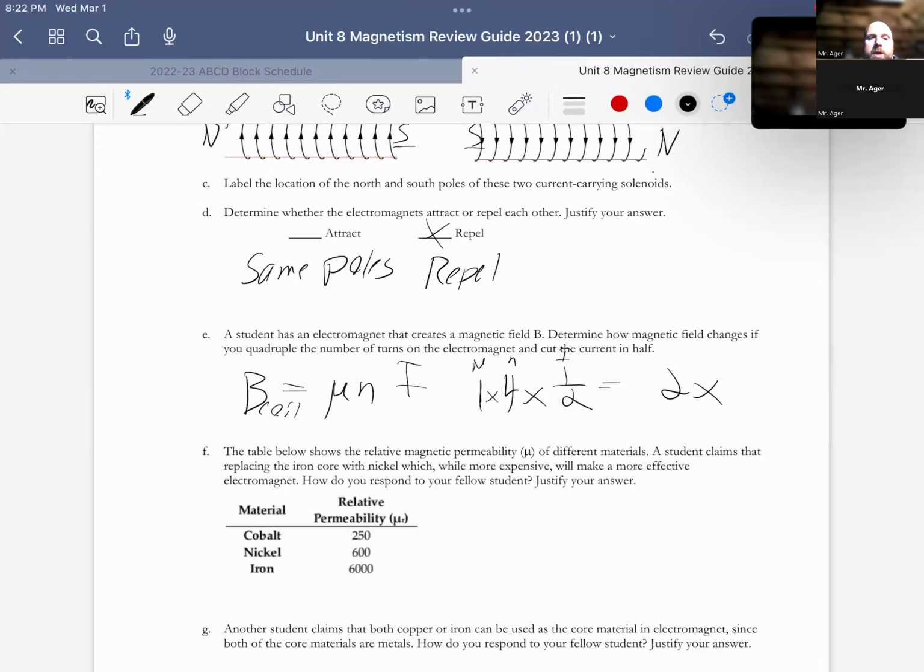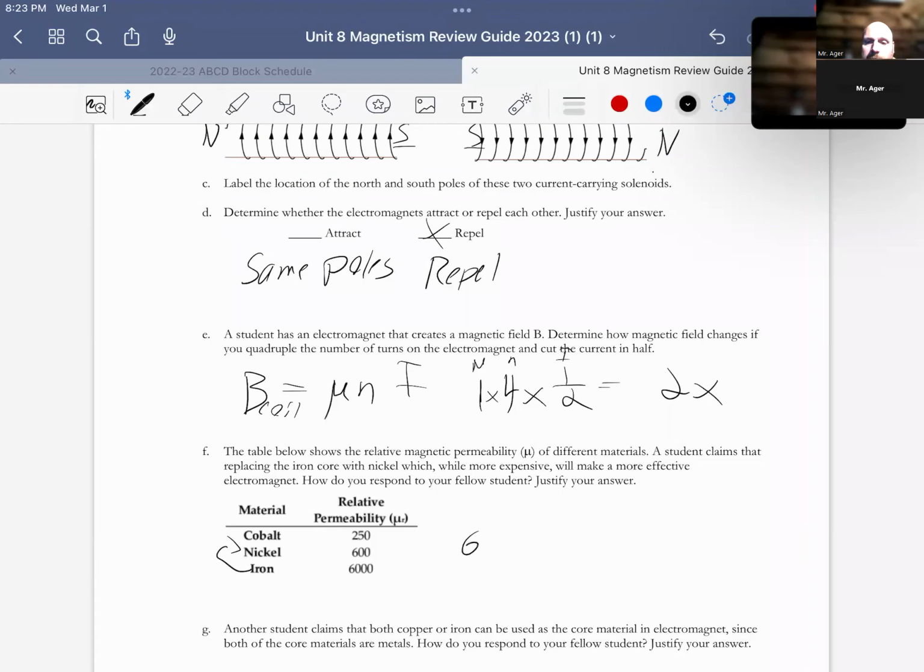Yeah, that's simple. So then this, I really like this question here when it shows you the numbers for the permeability here. So the table below shows the magnetic permeability of different materials, not permittivity. I've been saying that wrong the whole time. Student claims replacing the iron core with nickel. So we're going to go from iron to nickel here. It would be more expensive, but would be a more effective electromagnet.